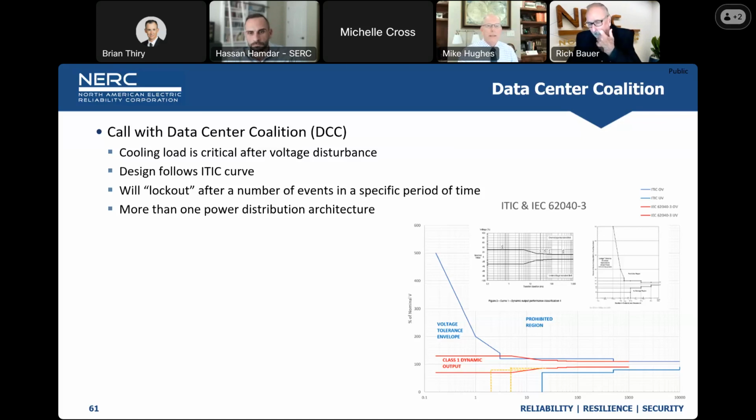What happens then? Yeah, so that's exactly where our concern lies, right? Is where are we going to have problems that arise from that large of a load loss that are actually going to create big problems for us on the system. So as Hassan showed you in that one graph, there are 2 things that happen.